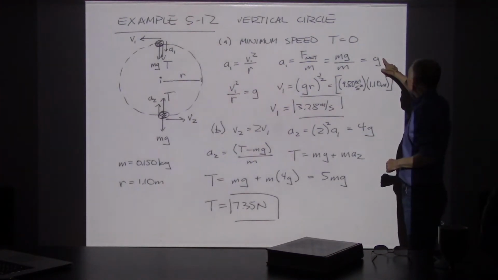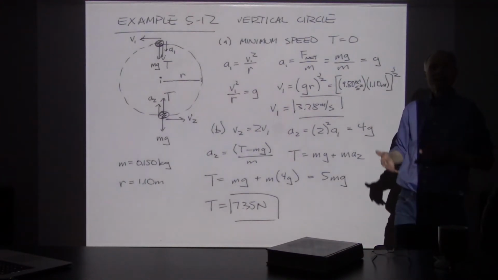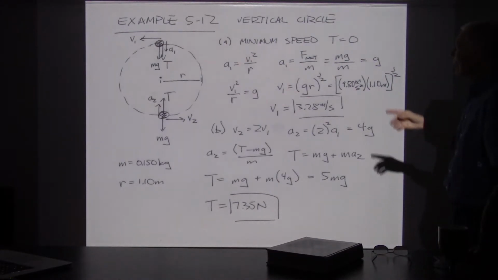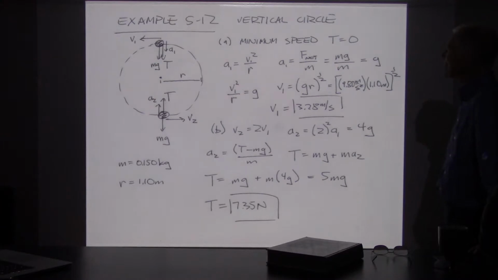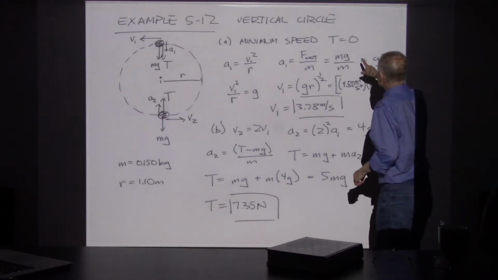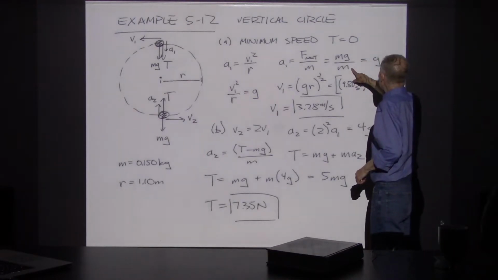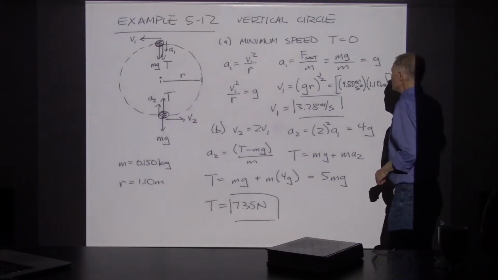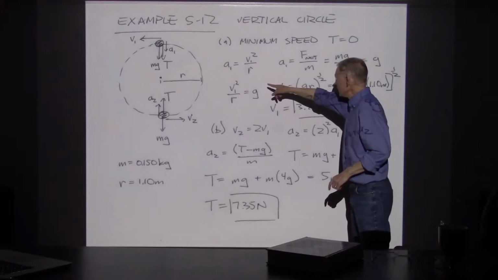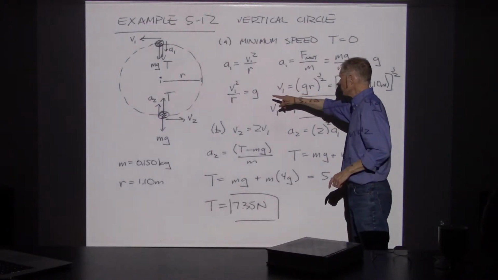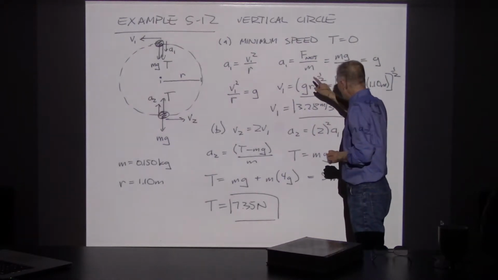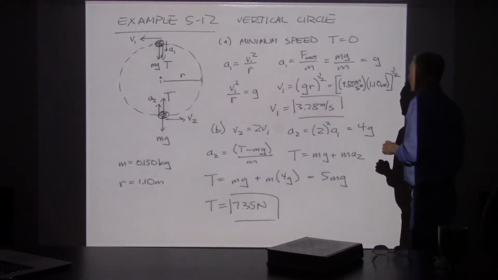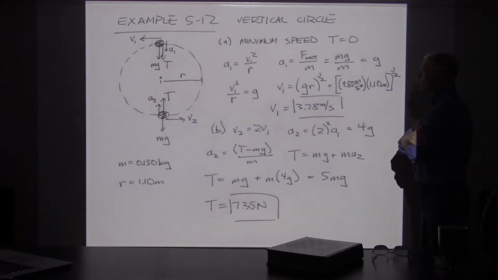Now that came from saying the only remaining force we're going to depend on at the top to maintain circular motion is gravity by itself. So there's a gravitational force at the top. We can divide that through by m. That leaves us with g. And then plugging that into our acceleration formulas, saying the acceleration is equal to g, we got a velocity that was 3.28 meters per second.